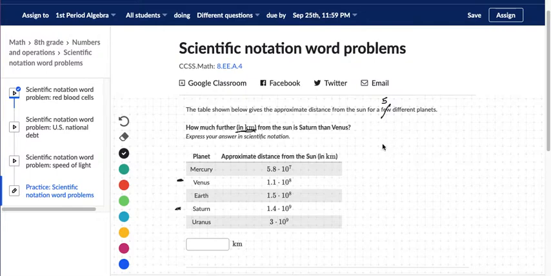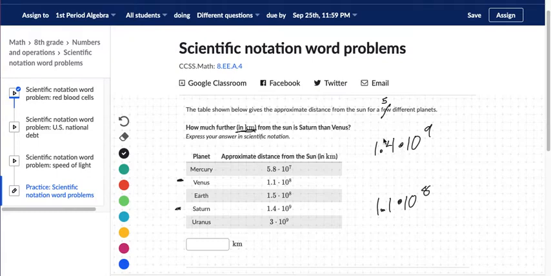So Saturn's farther, so I'm going to write that as 1.4 times 10 to the 9th, and Venus is 1.1 times 10 to the 8th. Well, one or the other we need to convert so that they have the same exponent. So either we need to move this one so that we have 10 to the 9th, which would mean we moved this way once, or we need this one to be 10 to the 8th, which would mean we moved this way once.